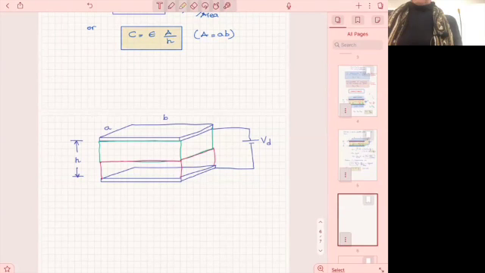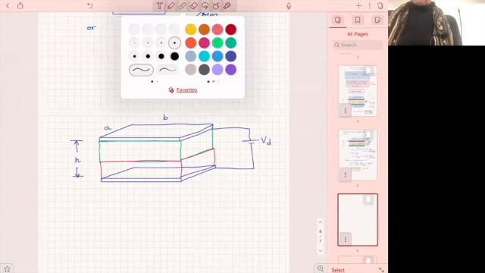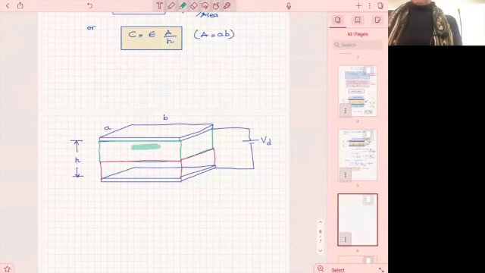So one is going to have this shape, and it's going to have a different dielectric constant.